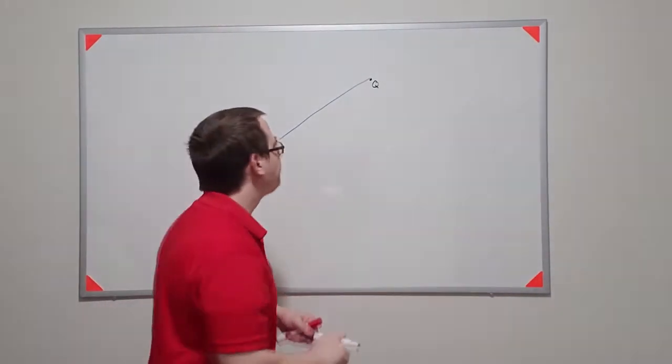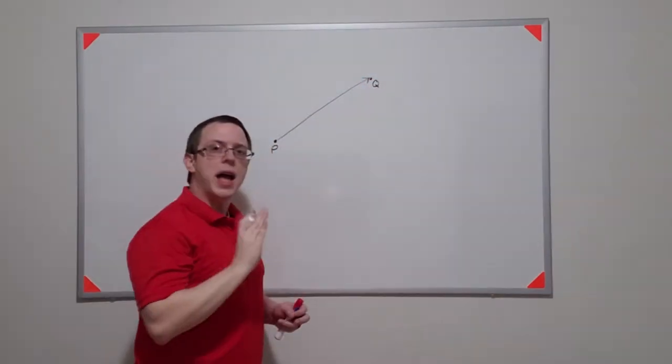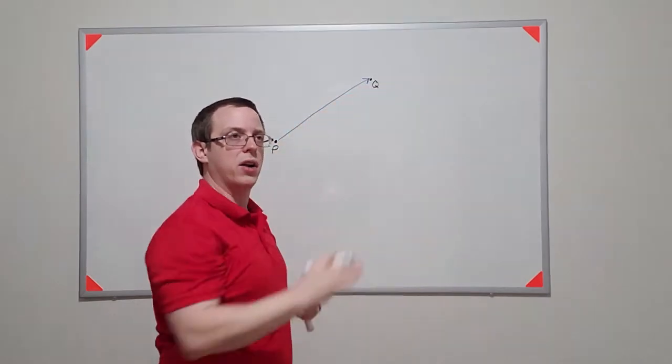Practice makes perfect. And we use the arrow to denote the fact that we're going towards that direction.